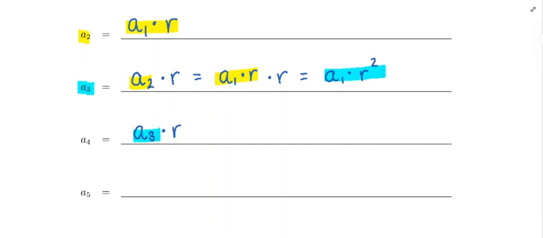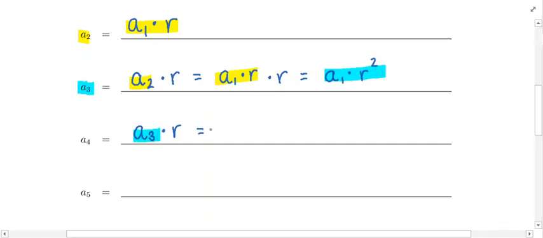So we're going to make that replacement. A3 is what's in blue. It's A1 times R squared. But then we need to multiply that by another instance of R. So if we simplify this, A4 is going to be A1 times R squared times R. That's just going to be R cubed.